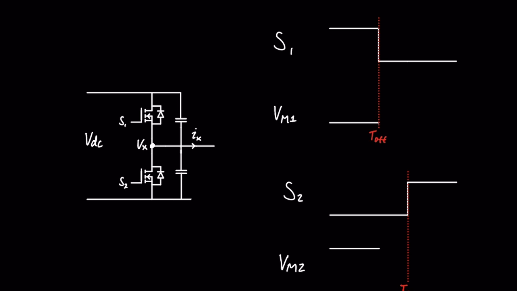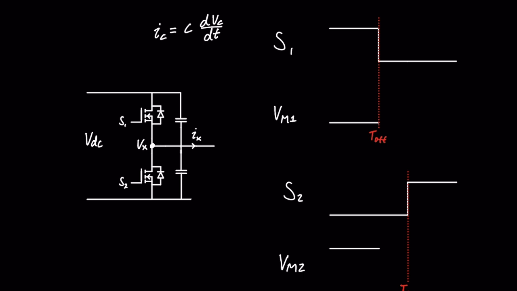Now when there is a current in a capacitor, the voltage starts to change, because IC is equal to C multiplied by the change of voltage. When IC is positive, there is a positive increase in the capacitor voltage.